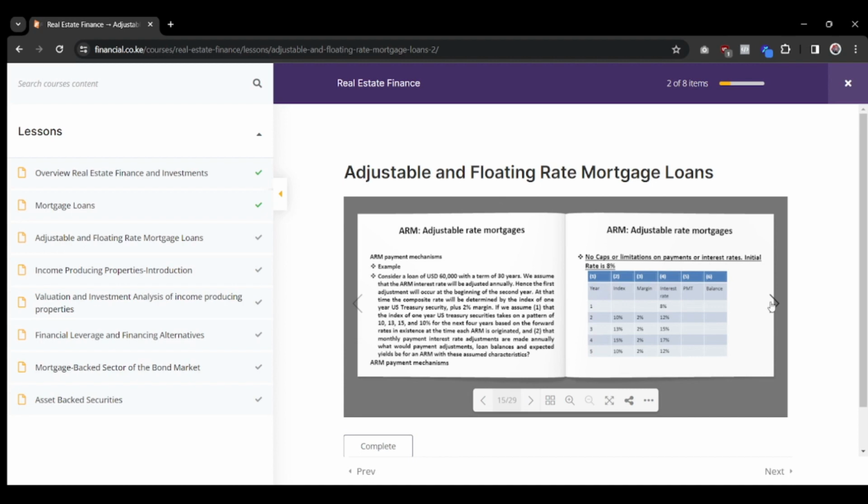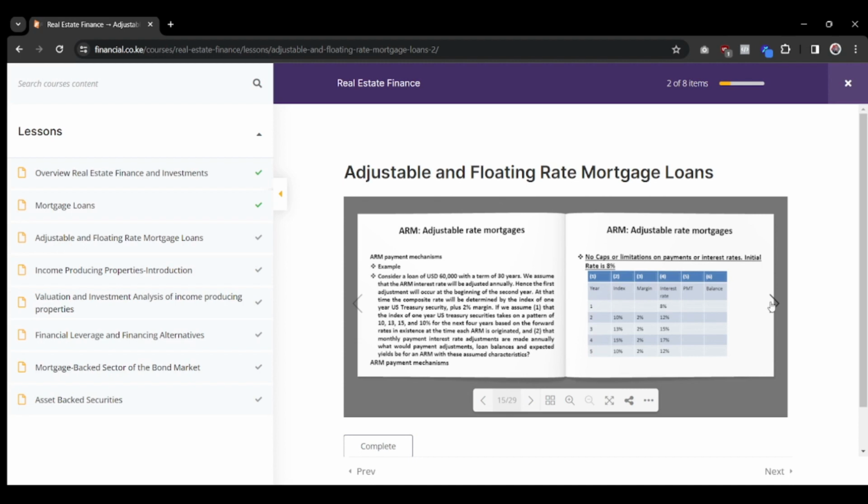We assume, one, that the index of 1-year US Treasury securities takes on a pattern of 10, 13, 15, and 10% for the next 4 years based on the forward rates in existence at the time each adjustable rate mortgage is originated. And two, that the monthly payment interest rate adjustments are made annually.